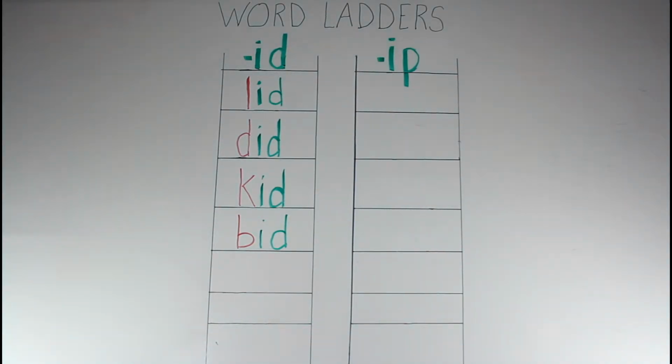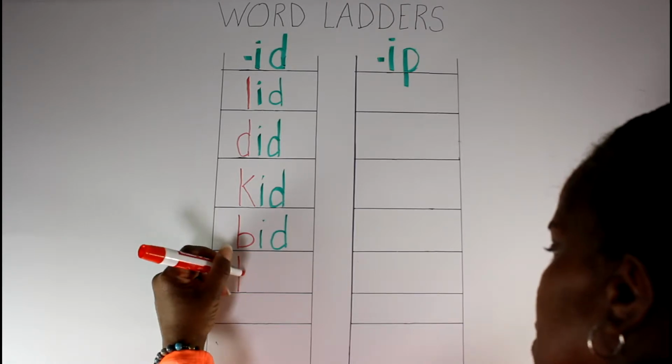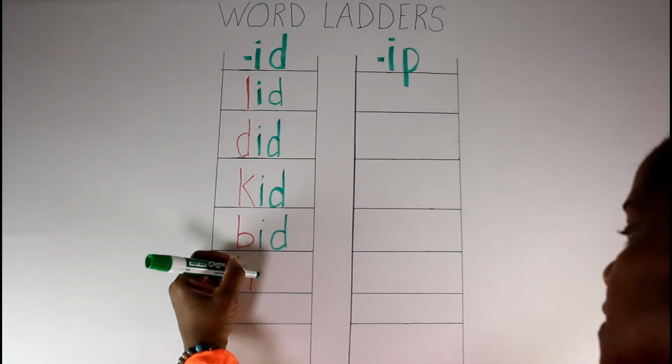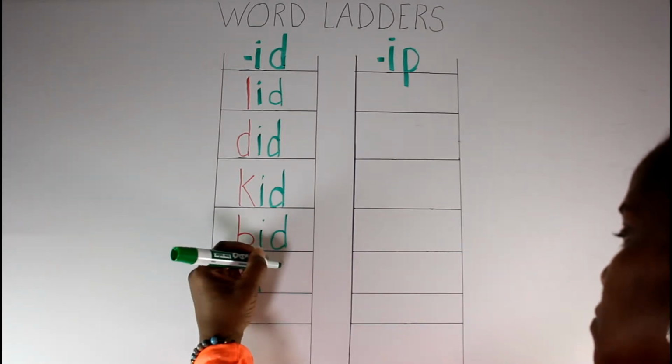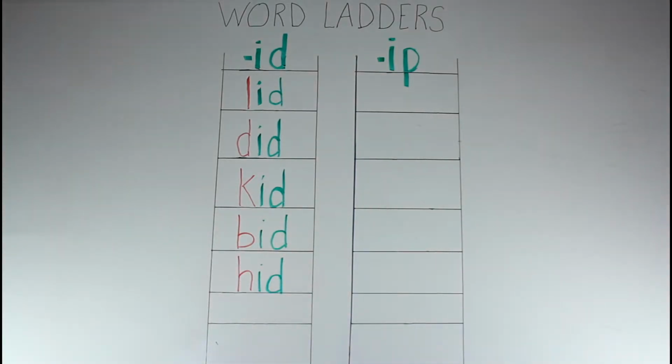Our next one, I'll put this letter here and you can tell me what this letter is. What letter is this? Yes, this is the letter H. And H says h, so we add ID to it. We get hid. Our next one is Sid.